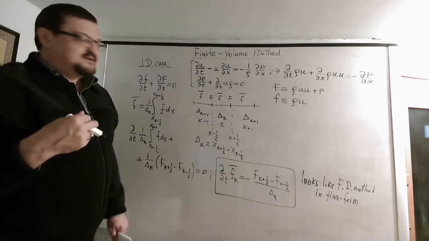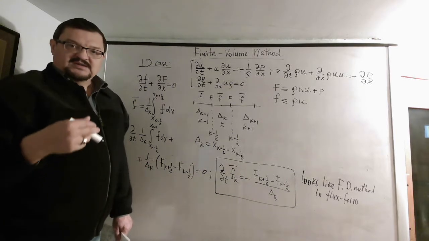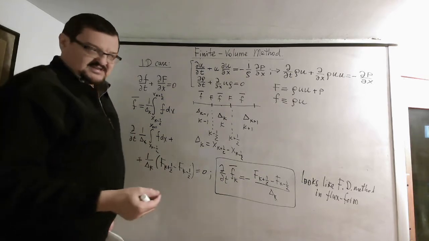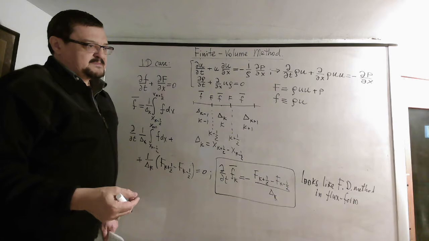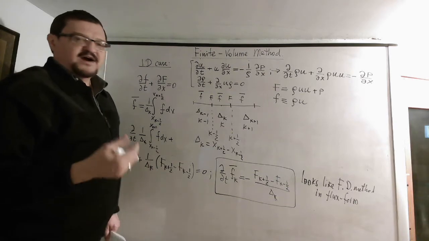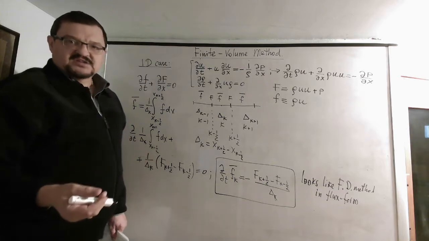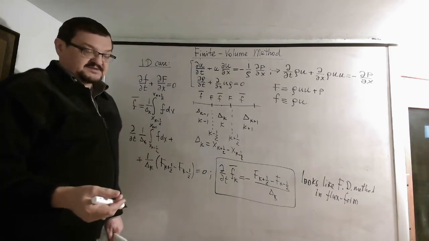So when does finite volume actually shine? Of course in the two-dimensional and three-dimensional case. And in our field, finite volume is usually applied to two-dimensional equations, even if it's a three-dimensional system.